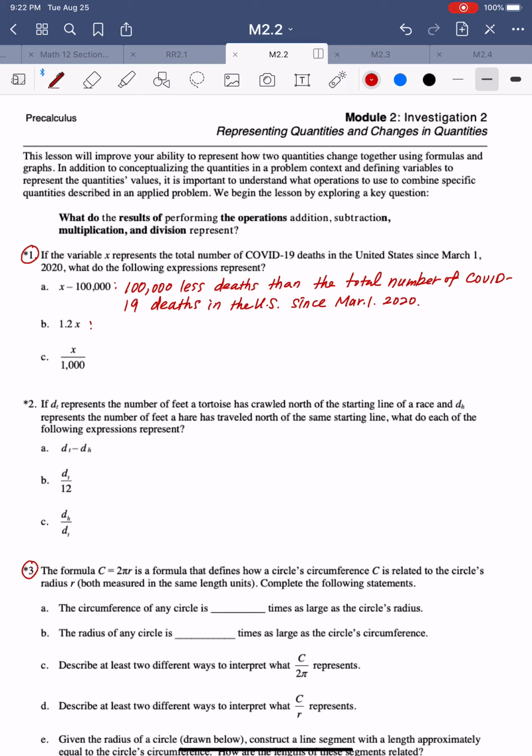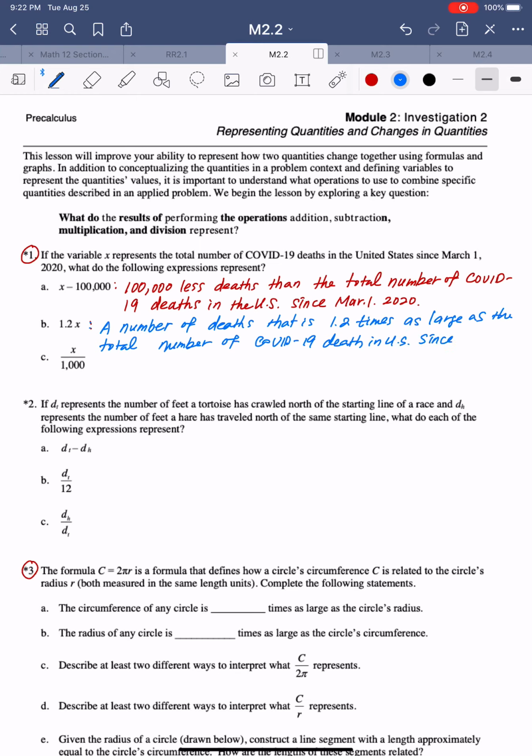So when you read it, it's the number of deaths that is 1.2 times as large as the total number of COVID-19 deaths in the U.S. since March 1st, 2020.